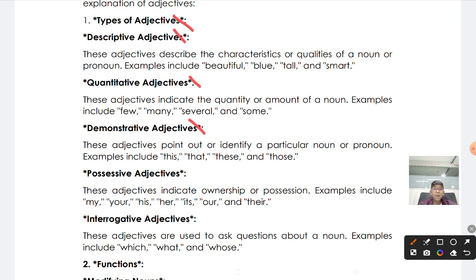These adjectives indicate ownership or possession. Examples include my, your, his, her, its, our, and their. So next we are going to look at the interrogative adjectives. These adjectives are used to ask questions about a noun. Examples include which, what, and whose.